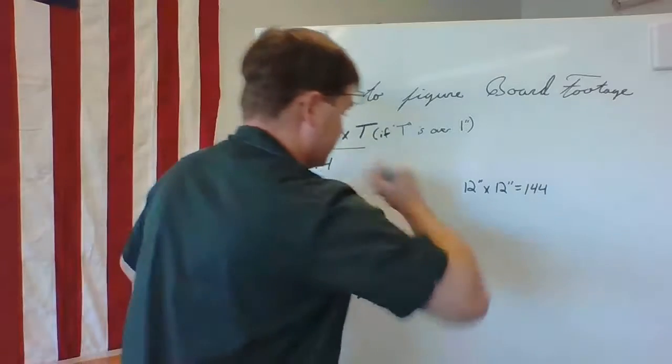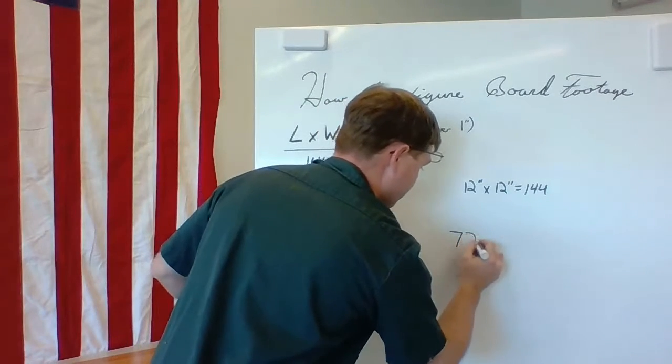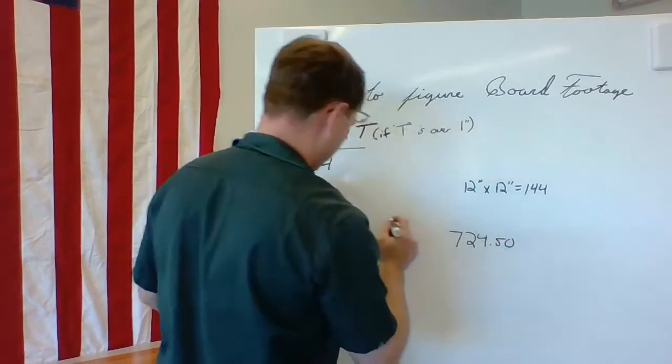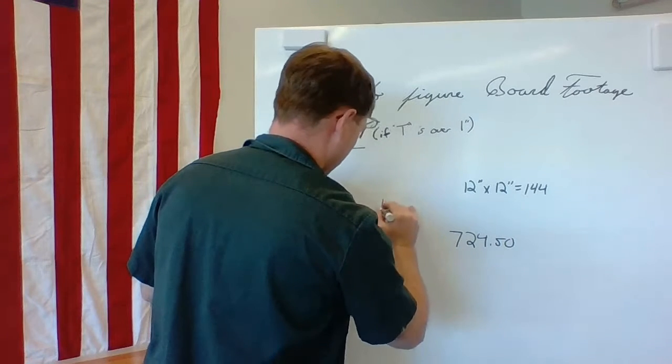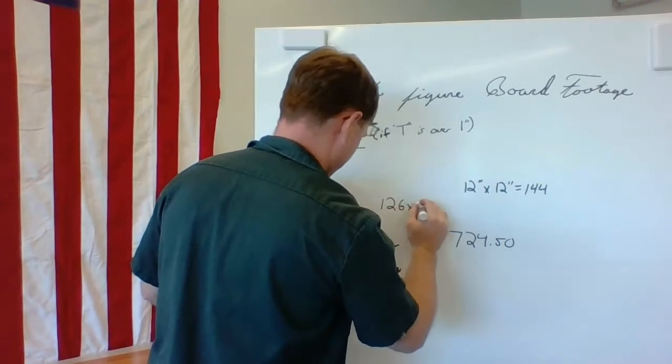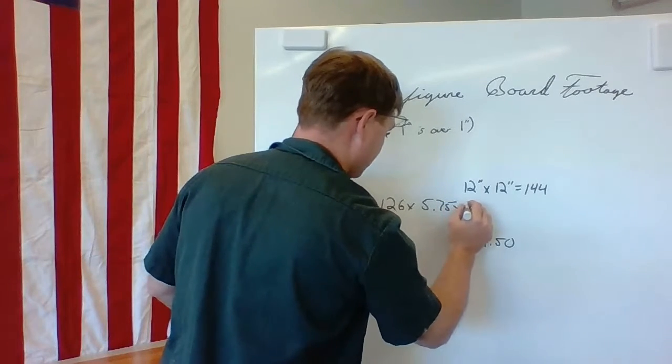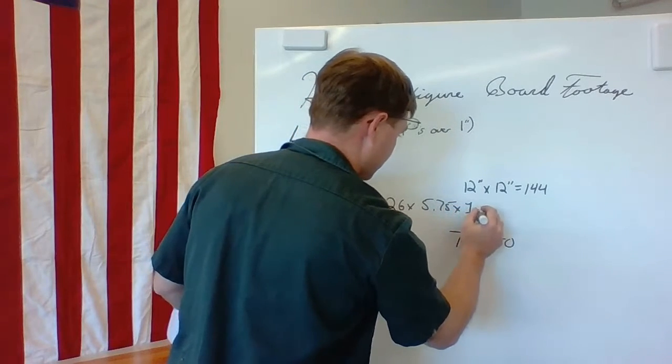So I have 724.50, and that was 126 times 5.75 times 1.